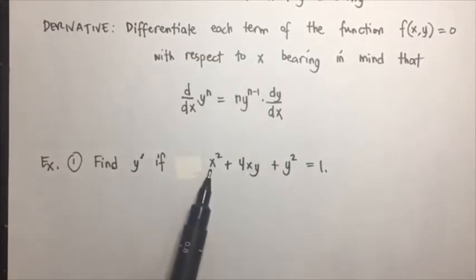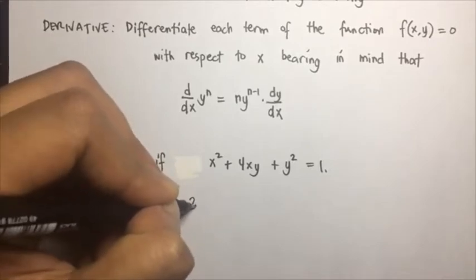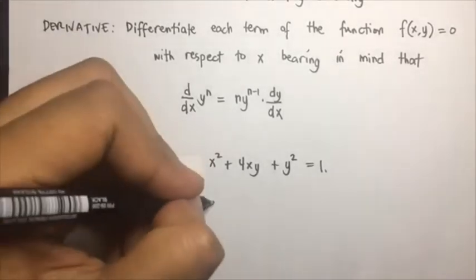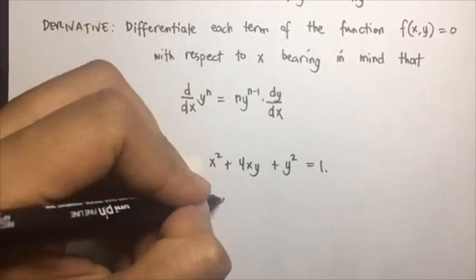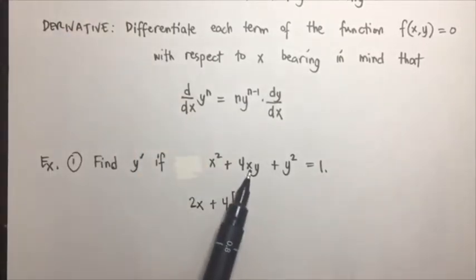Deriving the first term, x squared, with respect to x, that will be 2x. Okay, so plus, we have here a constant, so we write the constant 4, and then deriving the product of x and y.